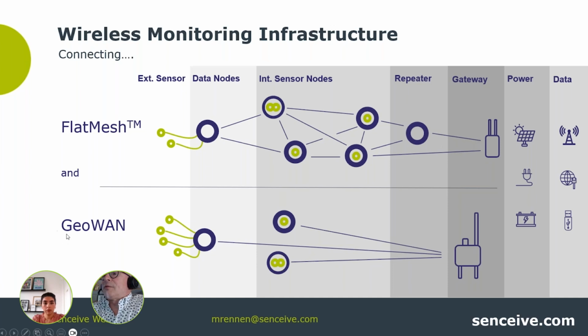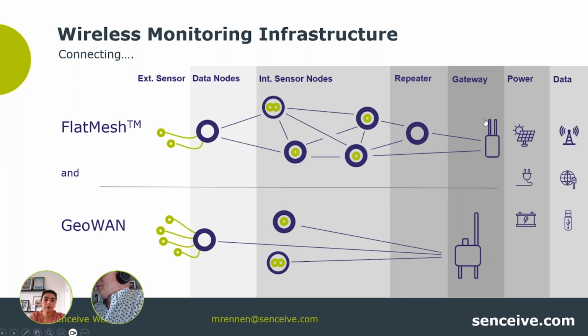On the other hand, we have the Geo1 system, 868 megahertz, lower bandwidth, but with the longer wavelengths you can go up to, what I'm told, 15 kilometers. We have experienced up to 4 kilometers in urban areas, where the nodes don't connect among each other but transmit directly to the gateway.